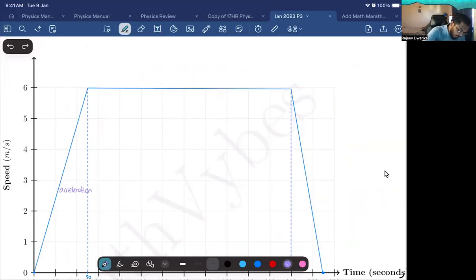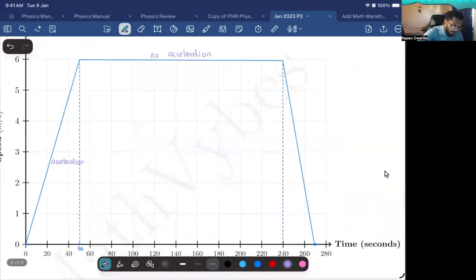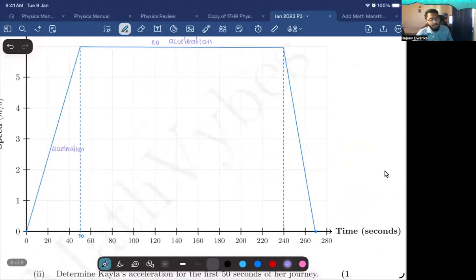No acceleration. Right, because my speed is not changing with respect to time. And over here now, it's a downward slope. Deceleration. Great, let's move on.